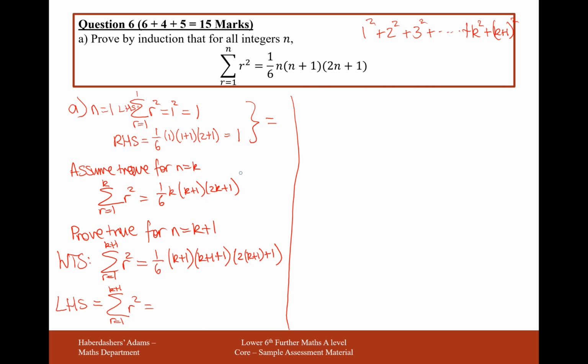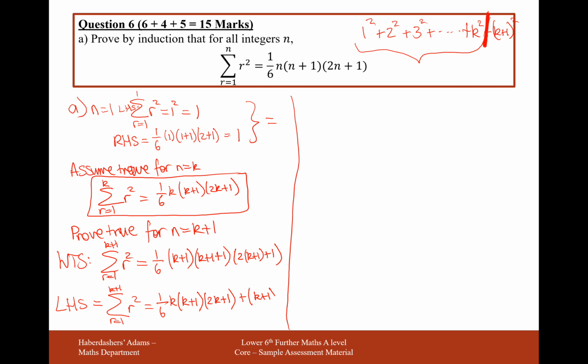And then we just need to add on the next step, which is the next square number from there. And generally you'll see that all series proof by inductions follow roughly the same pattern, that you use your formula for your first k terms and then you add on your k plus 1th term.